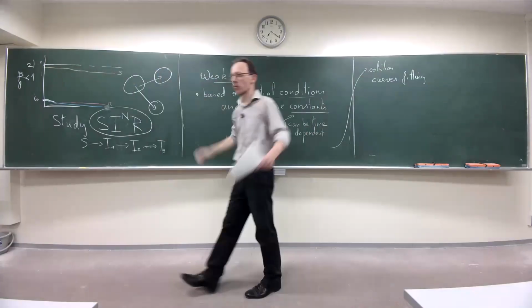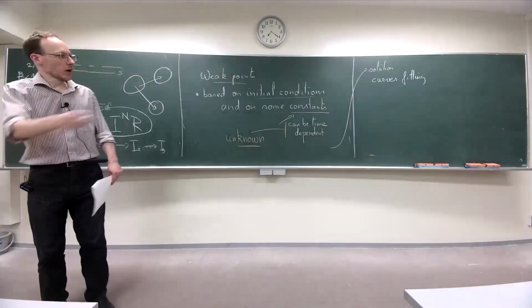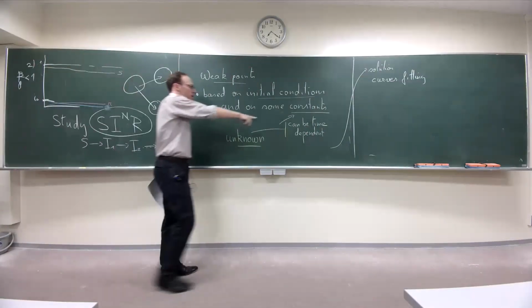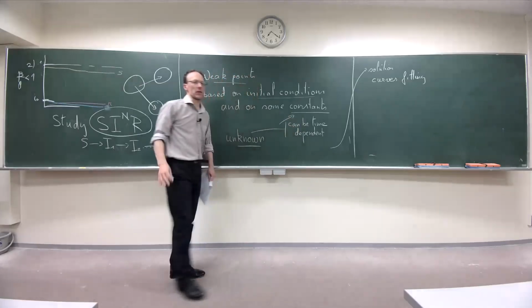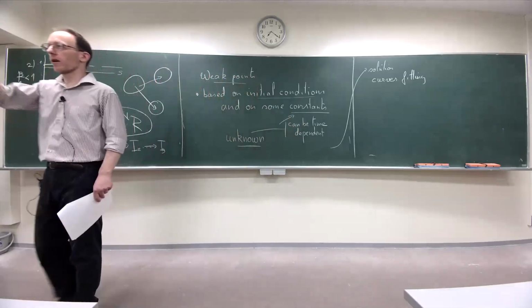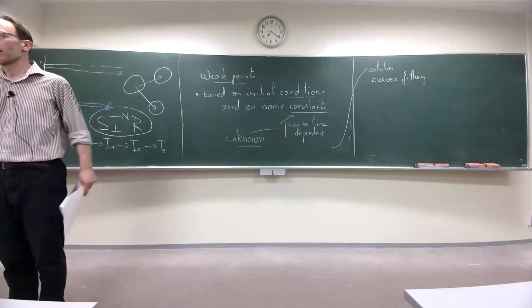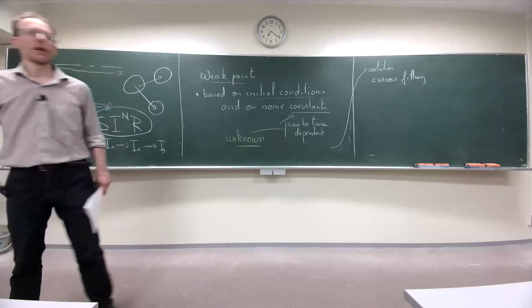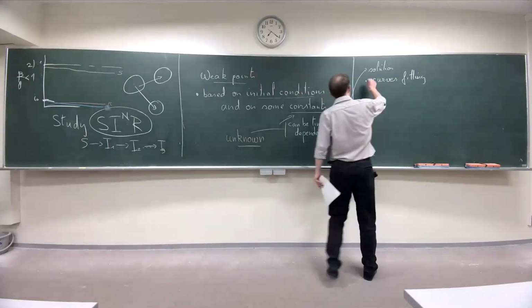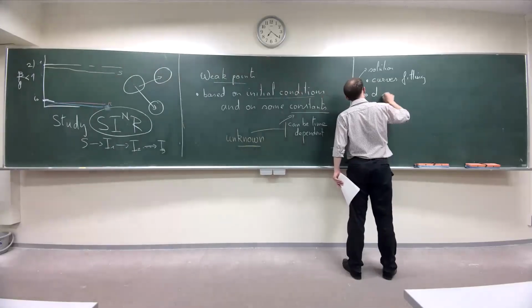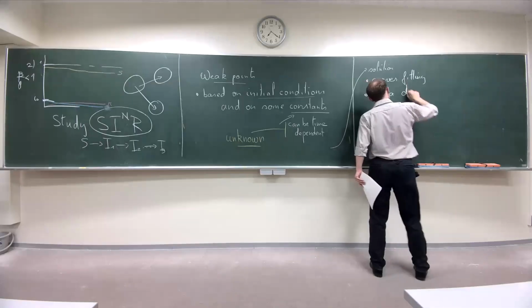Suppose you have some real data and you have your model, but you don't know some coefficients. So you draw a couple of graphs with these different coefficients and you check which one looks like your data. Another solution, and I encourage you to look at this, is what is called data assimilation.